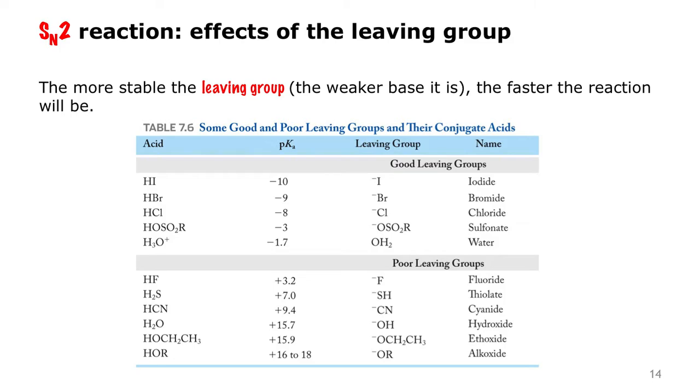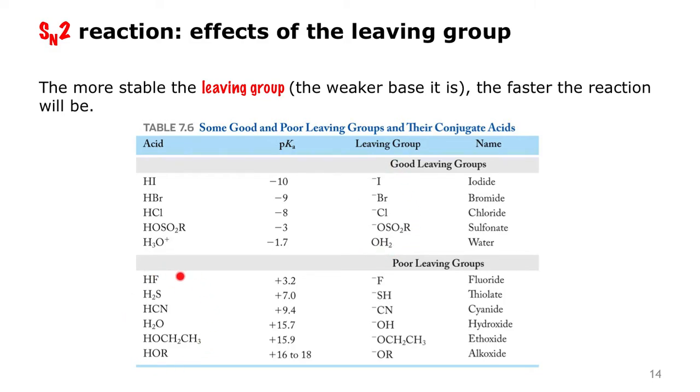If we look at the leaving groups that are formed, we can compare the leaving groups to their conjugate acids. When we do that, we find that good leaving groups are conjugate bases of strong acids. Conjugate bases of strong acids are typically very weak bases, very stable anions.